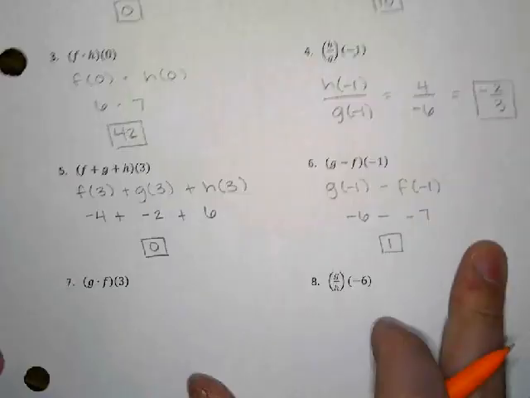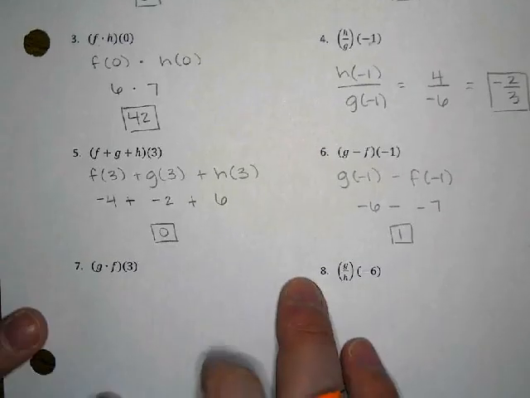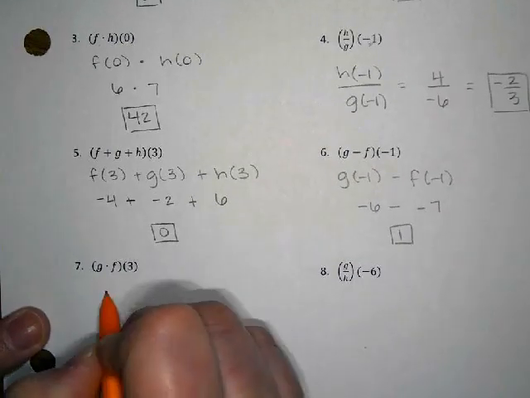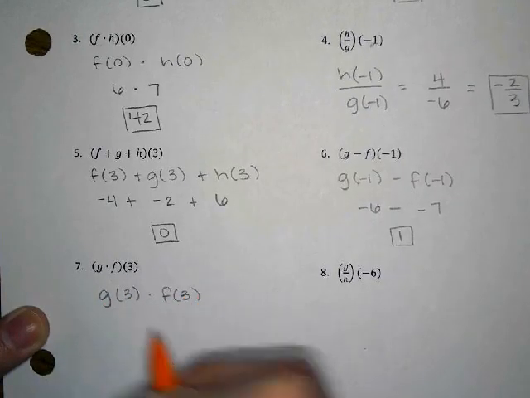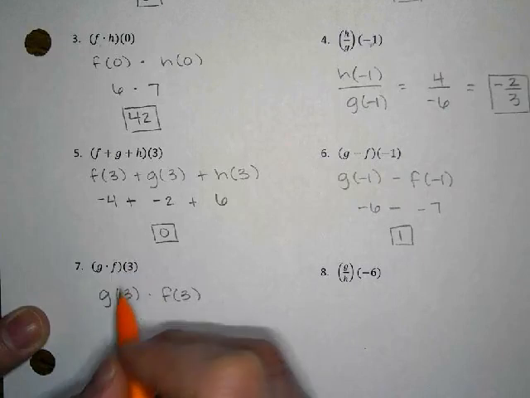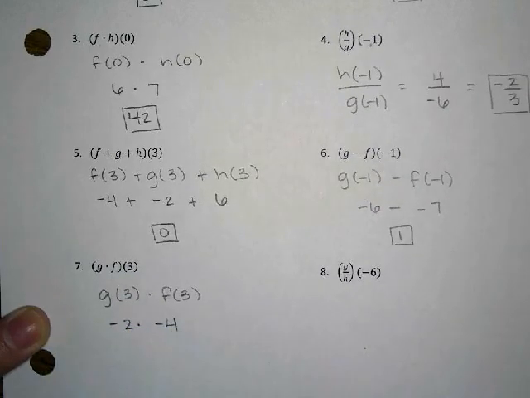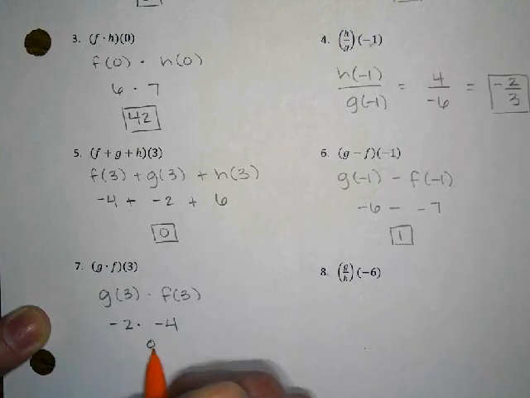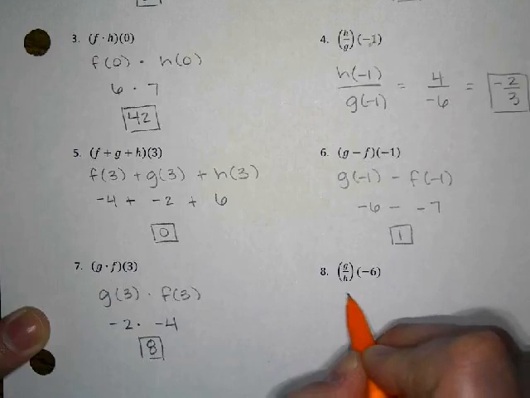Okay. G times f of 3. We got g of 3 times f of 3. G of 3, what did we say it was? Negative 2. F of 3. And when we multiply those together, 8. Okay. G divided by h of negative 6.